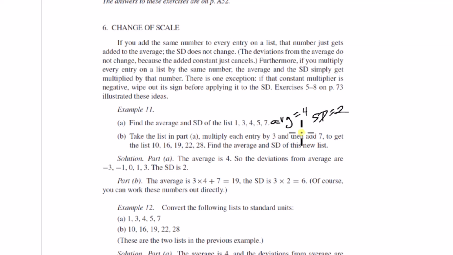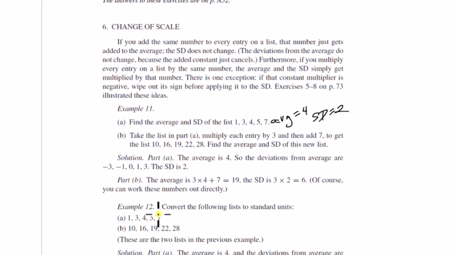Okay, and then after that, when we add 7, then what's going to happen? The average will go from 12, and you'll add 7, so that's 19, and the standard deviation won't change from 6. So this second list here should have an average of 19 and a standard deviation of 6. And there you go, see?